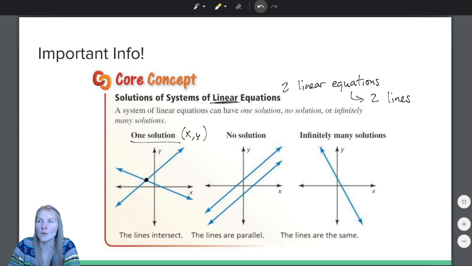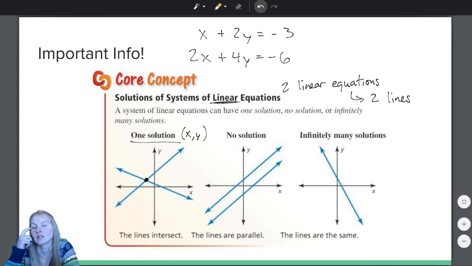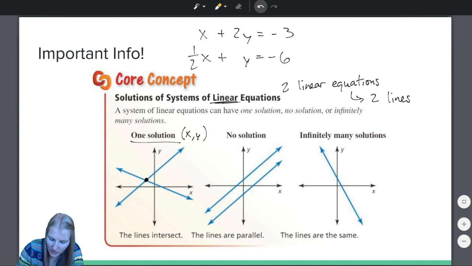Now, what would happen if my two equations, my system of equations, what would happen if they were the same line? Like they had the exact same slope. Oh, whoops, sorry. Not if they were the exact same line, but if they had the exact same slope, well, then the lines are parallel.